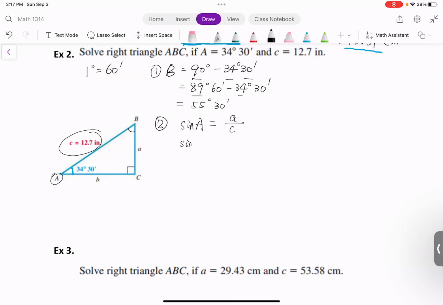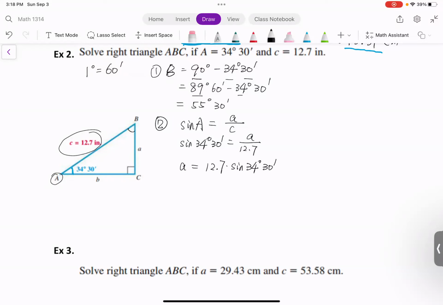So sine 34 degrees 30 minutes equals A over 12.7 inches. To isolate the A, we multiply by 12.7 on both sides. A equals 12.7 times sine 34 degrees 30 minutes.